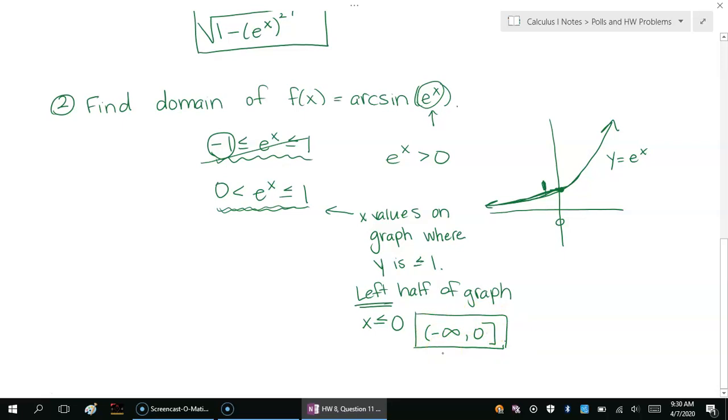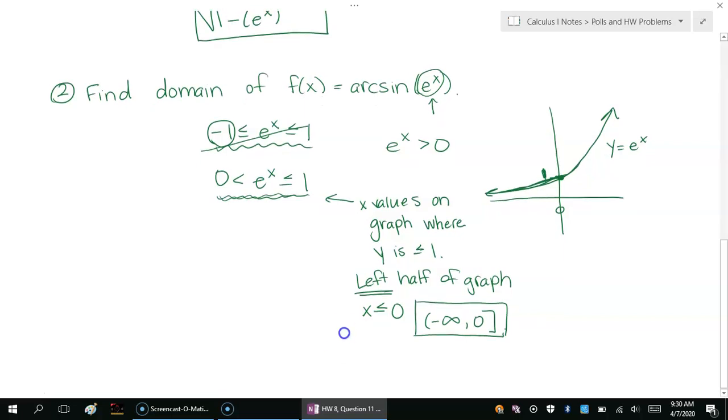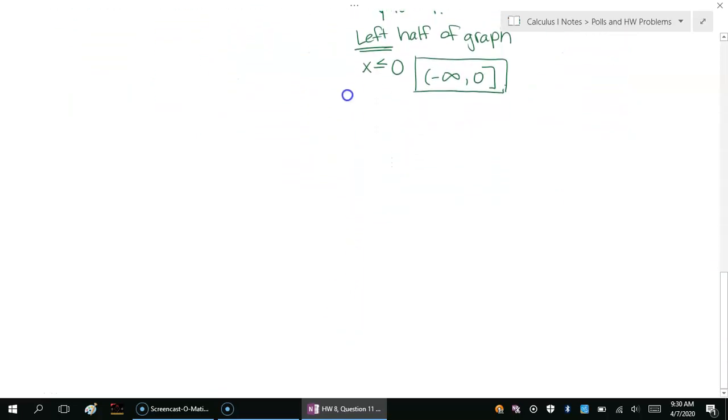Okay, so that's the domain of my original function, and we always have the suspicion that the domain of the derivative will be similar, but let's double check that. So part 3 is to find the domain of the derivative.